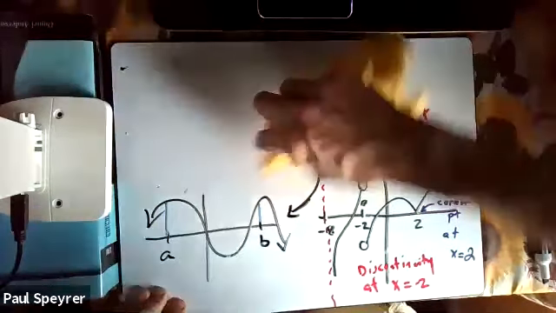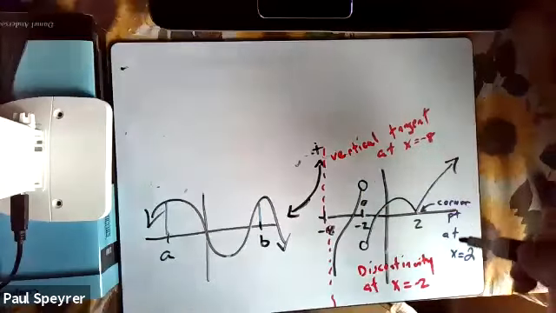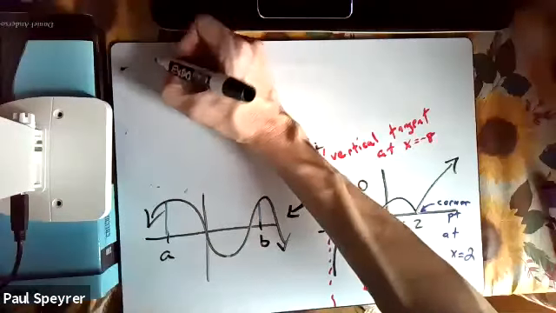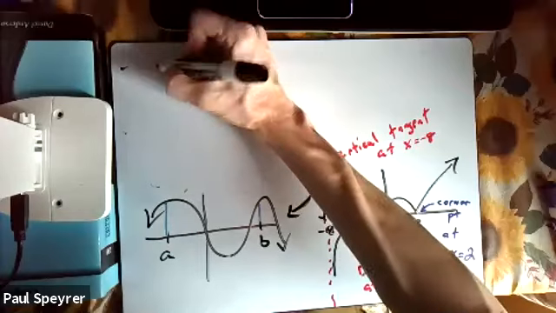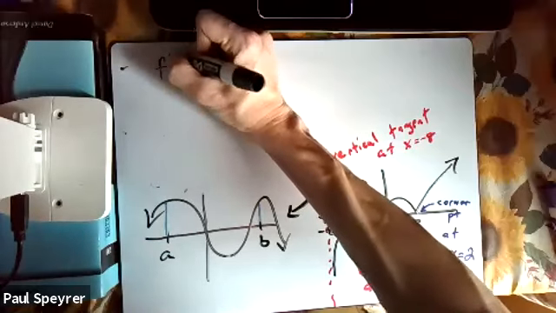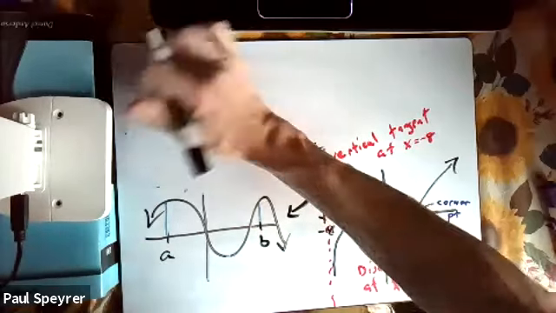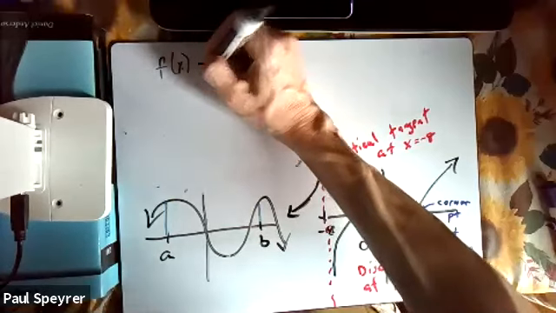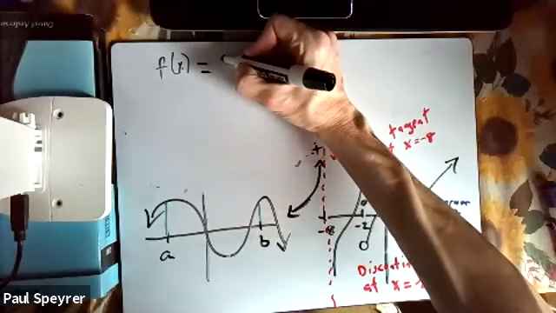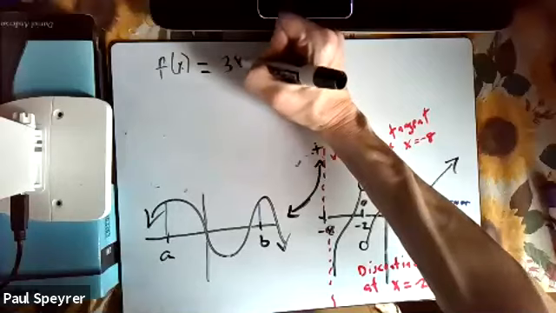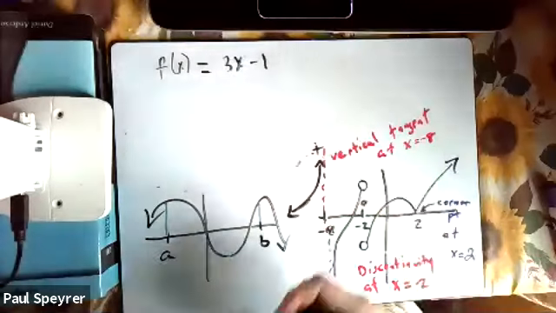But let's actually find the derivative, right? Let's try that equation out. Like, let's say we have f of x equals whatever, 3x minus 1.